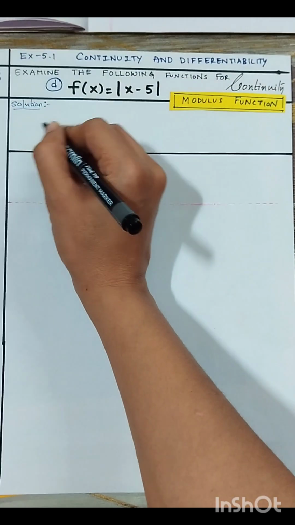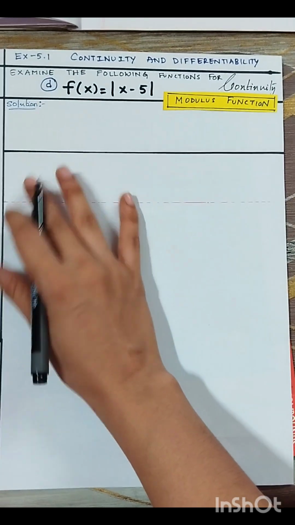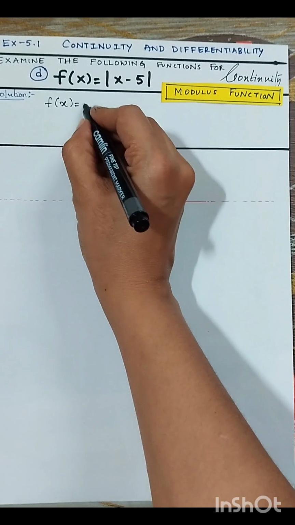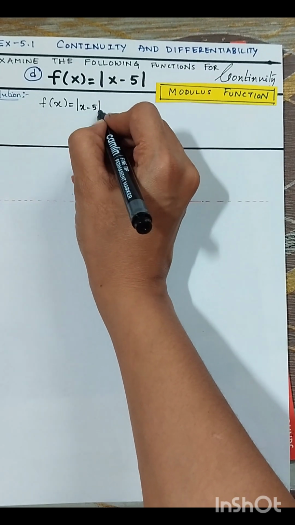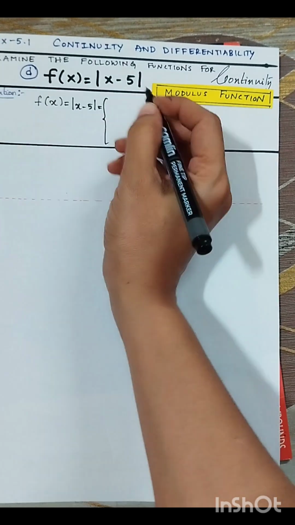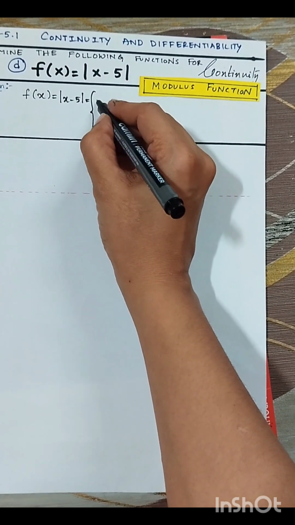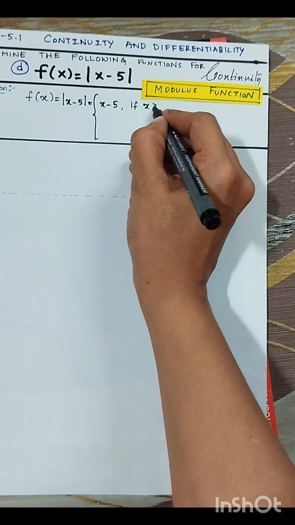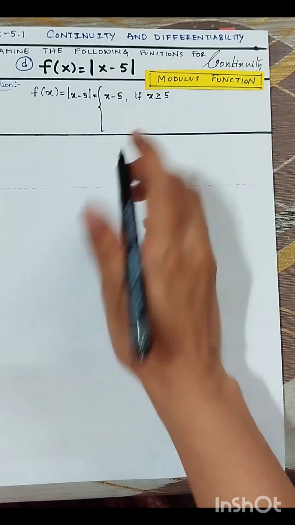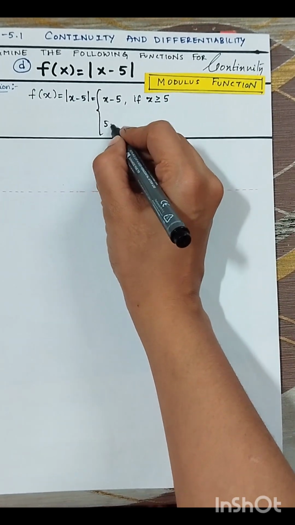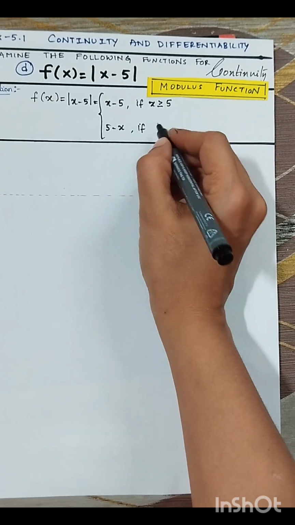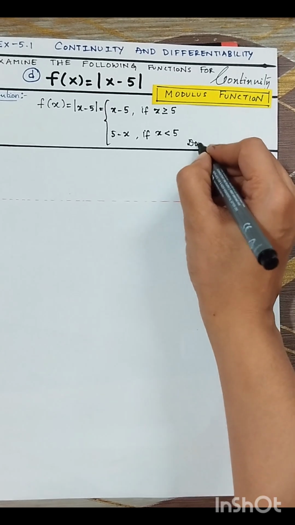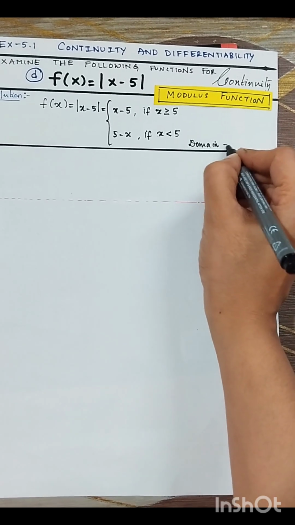Now let us solve this sum. Now we know how to write f of x. So f of x is equal to modulus of x minus 5, and this is equal to x minus 5 if x is greater than or equal to 5, and 5 minus x if x is less than 5, and the domain here is the set of all real numbers.